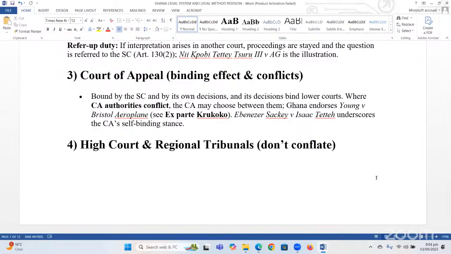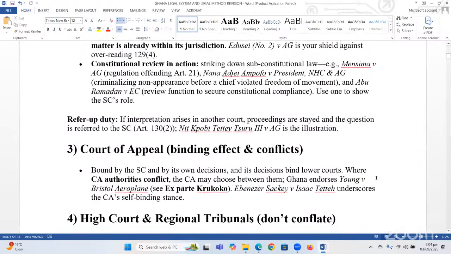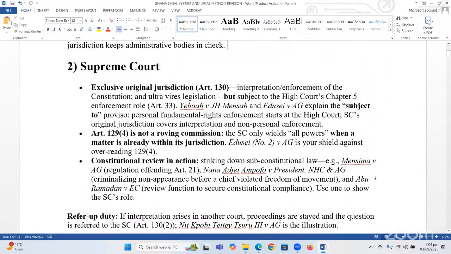Now, in terms of the Court of Appeal, maybe before I leave the Supreme Court, in view of the recent issues about the Chief Justice, I don't expect that your examiner will be interested in asking you a question around that. But since we don't have benefit of what question is going to come, it's prudent to be interested in any area relevant to what we are learning.